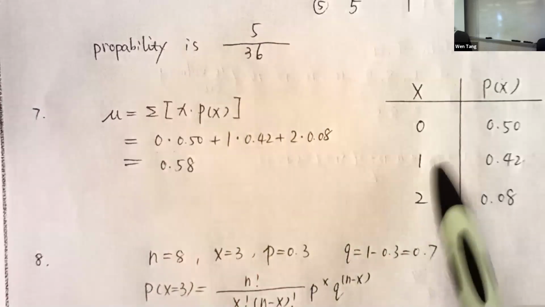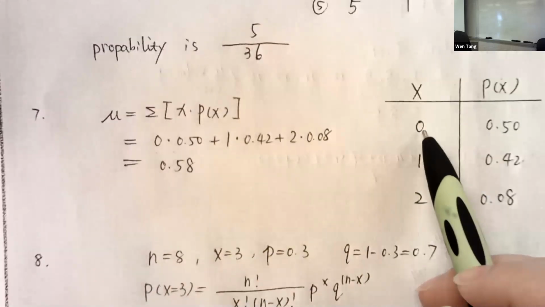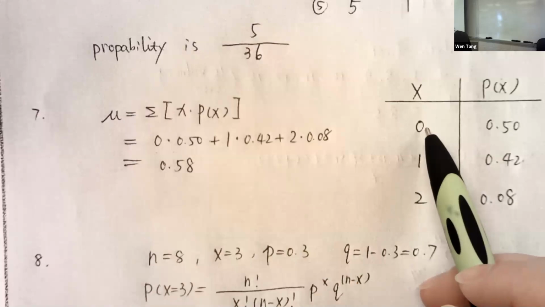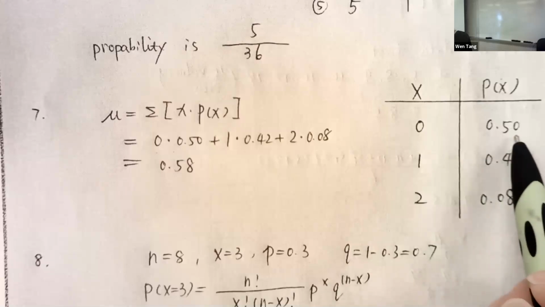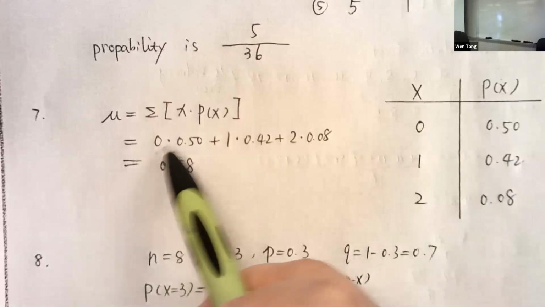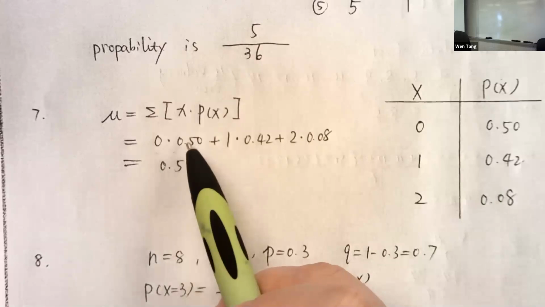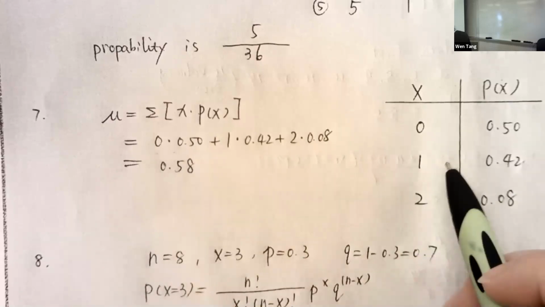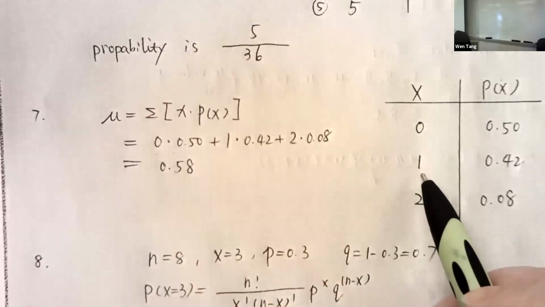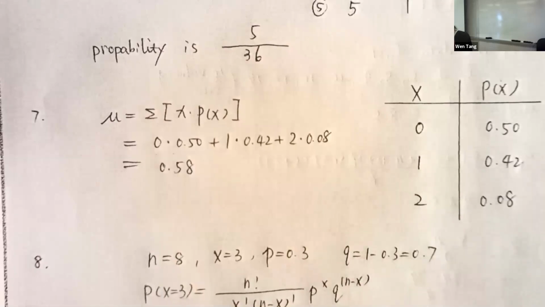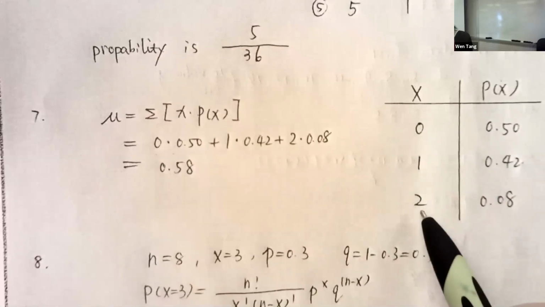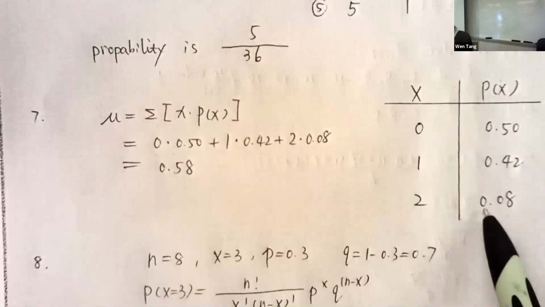The first one, x times p(x), will be 0 times 0.5. The second product will be 1 times 0.42. And the last one will be 2 times 0.08.